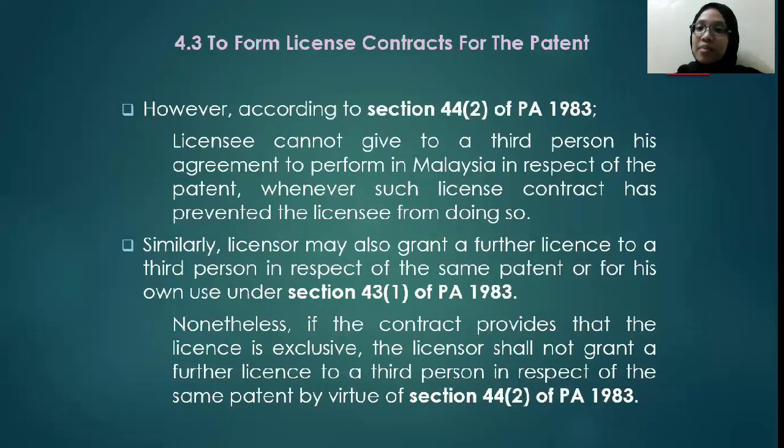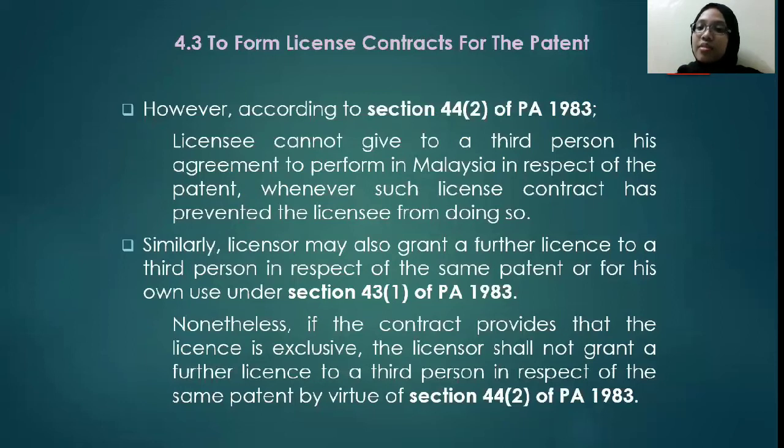This could be derived from the agreement between the licensor and licensee. Similarly, licensor may also grant a further license to a third person in respect of the same patent or for his own use under Section 43(1) of the Act.